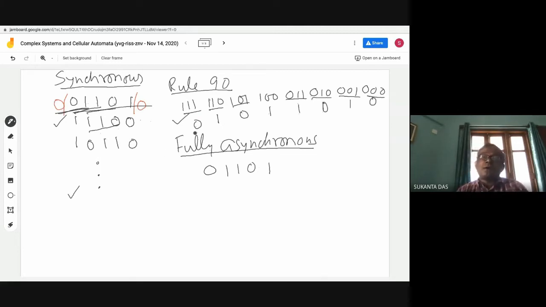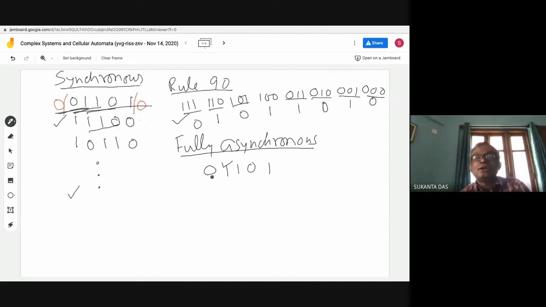Now what is the fully asynchronous update? At a time step, one cell is selected uniformly at random. So you have to choose one cell uniformly at random. Suppose this cell is chosen for update. You can choose only one cell, right?